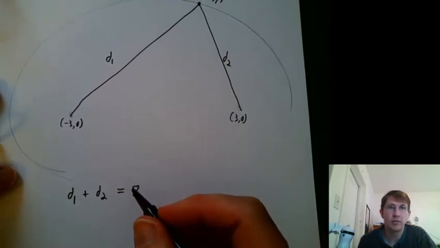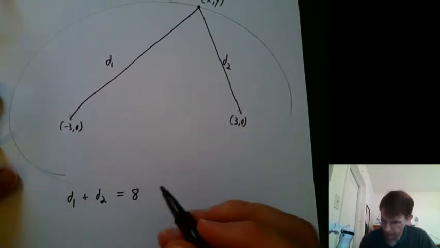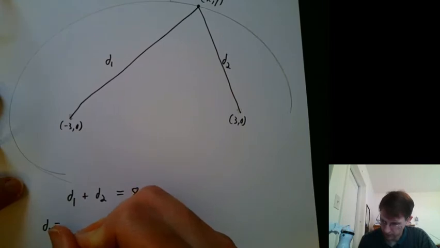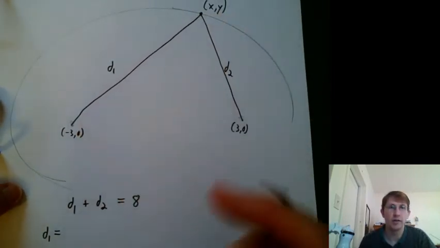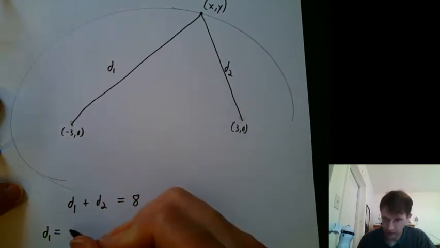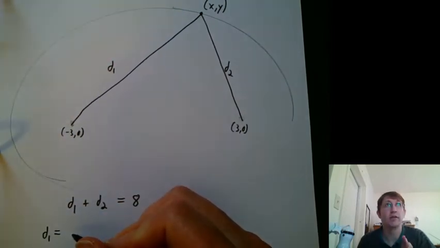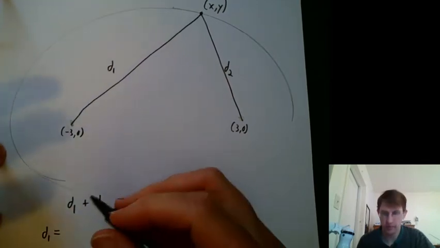So then the question is, what is D1? What's a formula for D1? Well, it's the distance between x, y and -3, 0. Remember the distance formula? Square root of the difference of the x's squared plus the difference of the y's squared.